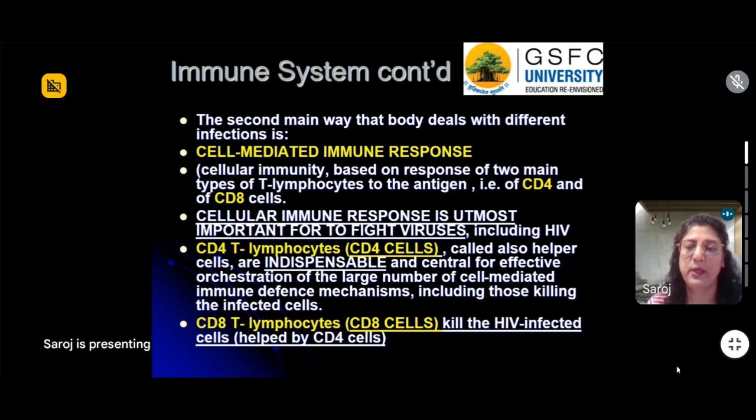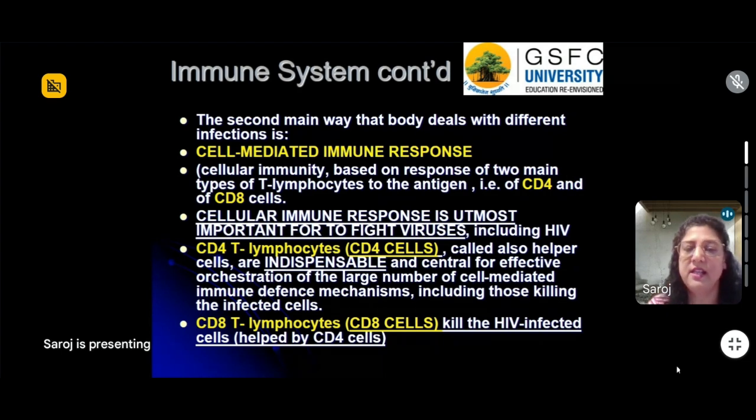You have CD4 population and you also have CD8 cells. This is the most important immune response, especially if we have to fight viruses, and that includes all kinds of viruses. For this presentation, we are interested in the HIV virus. CD4 lymphocytes, or CD4 cells, are called Th cells or T helper cells.